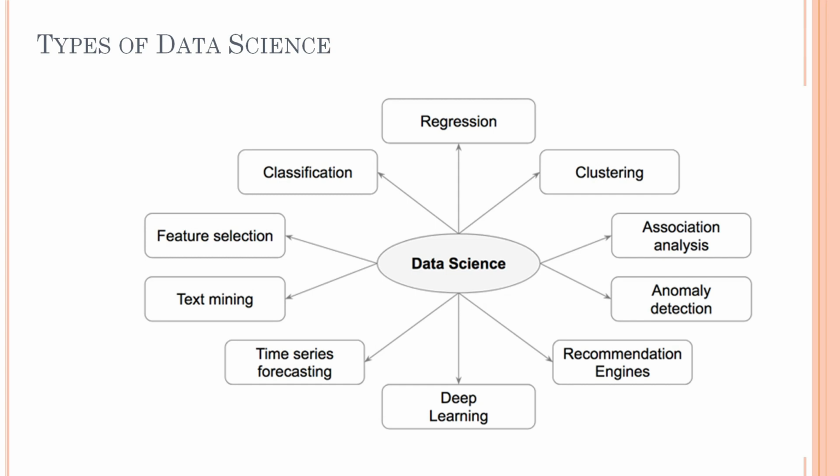Clustering and association analysis are some examples of unsupervised learning problems. Apart from that, so many problems are there as I stated. Those problems I have shown in this diagram.